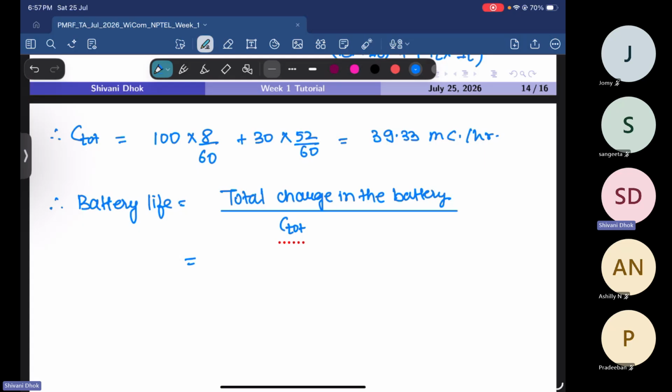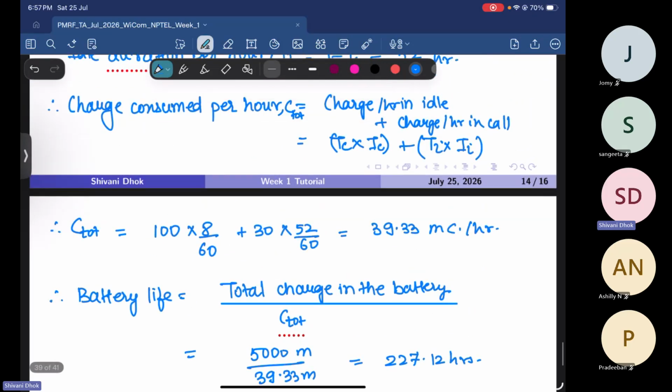The total charge in the battery was 5000 milliampere hour, and this was in milli. Then you have 39.33, and this comes out to be equal to 227.12 hours. Any questions?